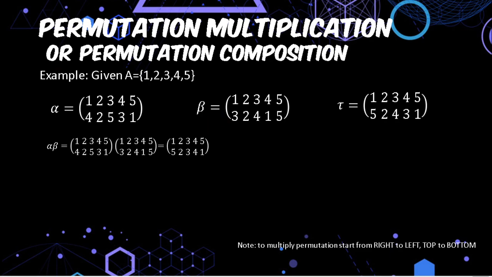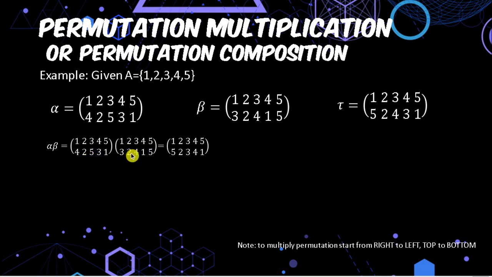Iti-trace lang natin kung ano yung pinaka-last na element. That's why it's also called function composition. If 1 is mapped to 3 in the first permutation, saan nakamap ang 3 sa second permutation? So 1 is mapped to 3 and 3 is mapped to 5. So the answer is 1 is mapped to 5.